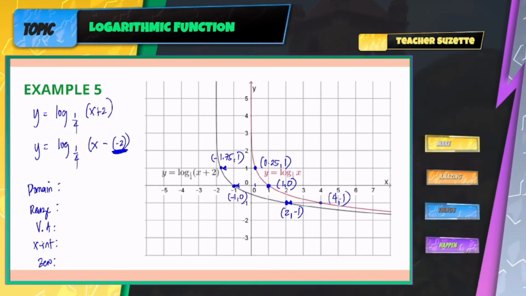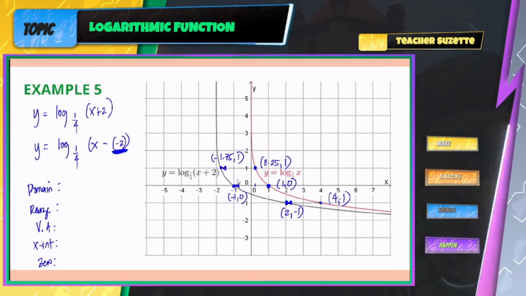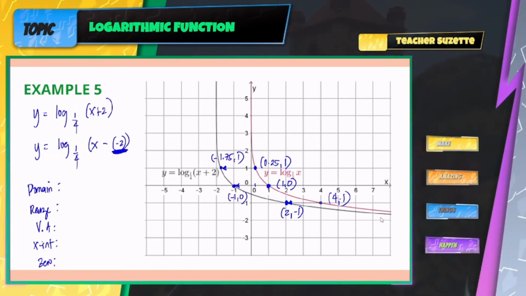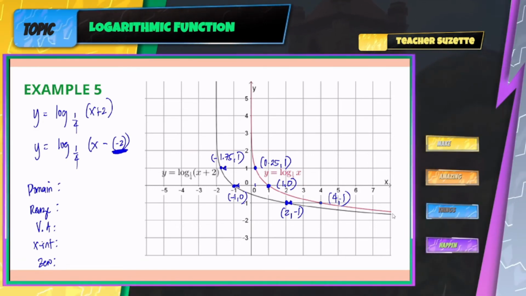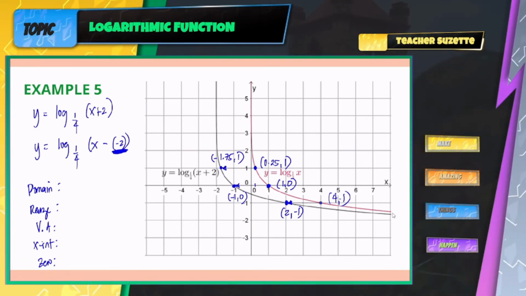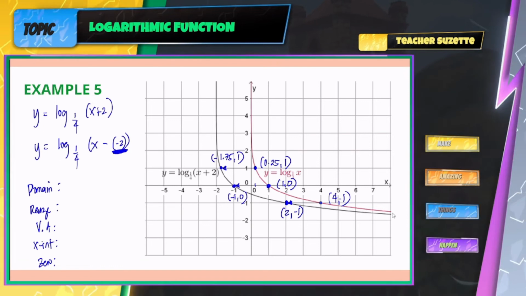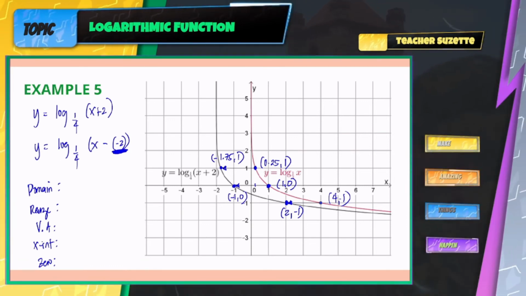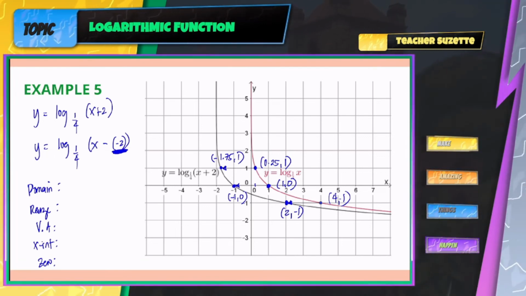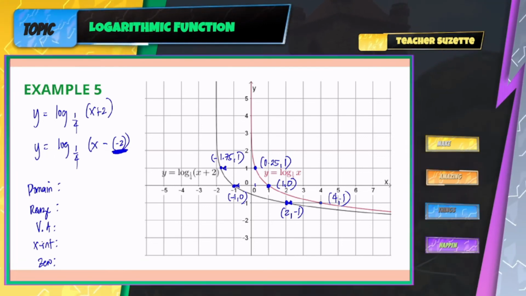For the domain, if we are going to check the graph of our y is equal to x plus 2 base 1/4, you can see that nagkaroon nga po siya ng shift. So, dahil dito, magkakaroon tayo ng changes sa ating domain. So, mangyayari, yung ating expression dati that x is greater than 0, what will happen?